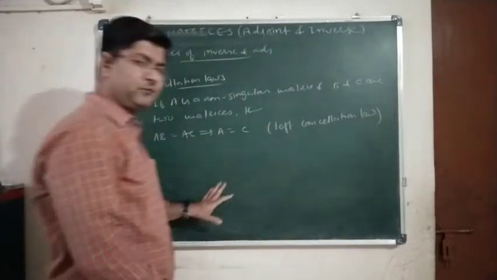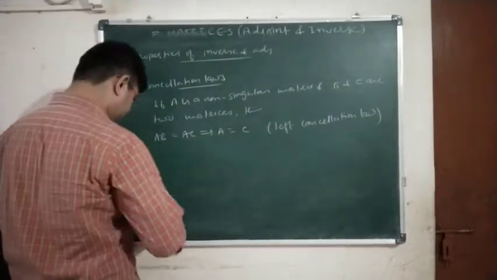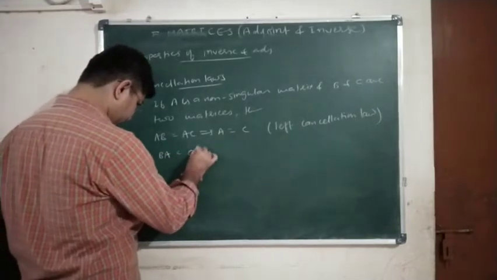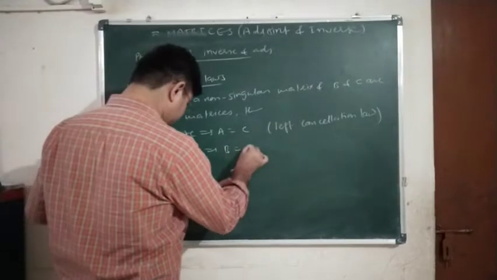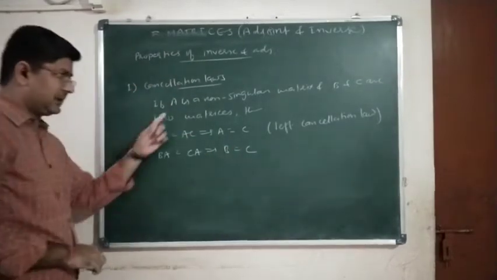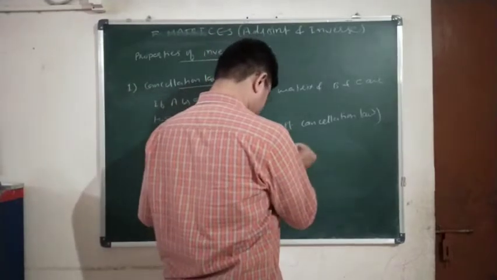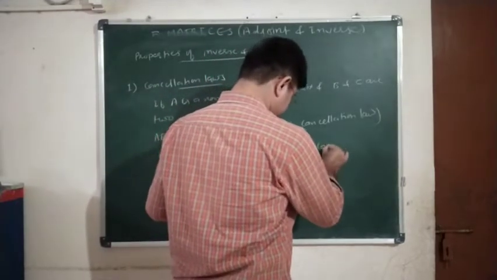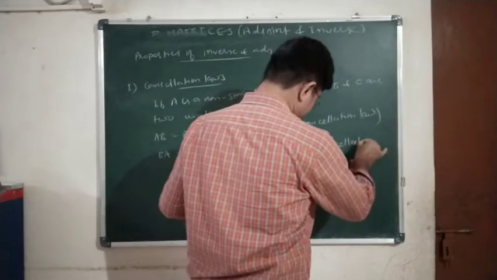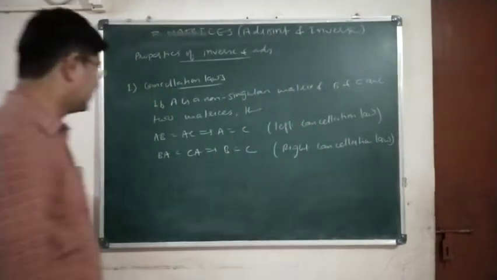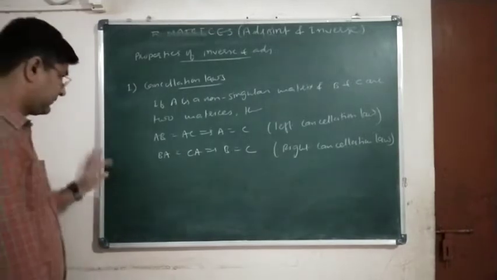Yes or no? These are helpful in simplifying in a particular question. Similarly, BA is equal to CA will imply B is equal to C, provided that A is a non-singular matrix. This is called the right cancellation law. Clear? So this is property number 1.